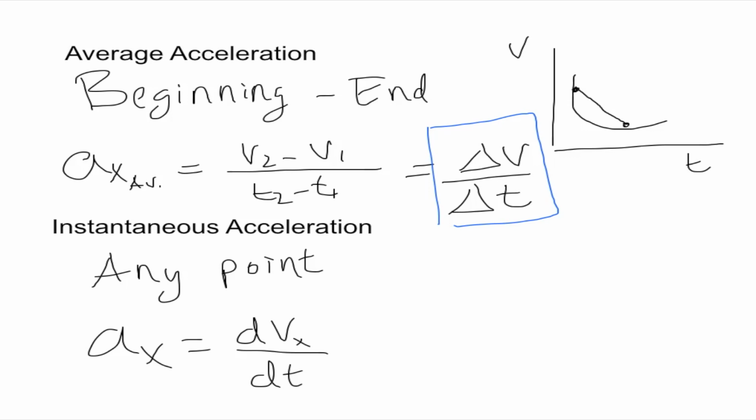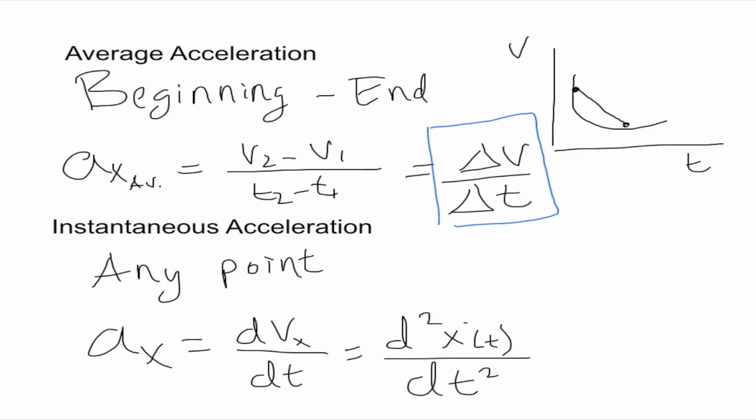And we can get this further because we know that the instantaneous velocity is the derivative of displacement over time. So we can say that the instantaneous acceleration is the second derivative of displacement with respect to time squared.